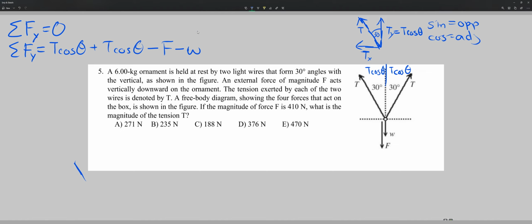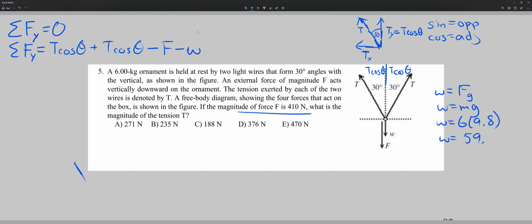While the problem does give us the force of 410 newtons, the weight is something we have to calculate ourselves. The weight is our force due to gravity, and our force due to gravity is equal to mg. So it's mass times gravity. We're given our mass, and our acceleration due to gravity is 9.8. So our weight here is 6 times 9.8.